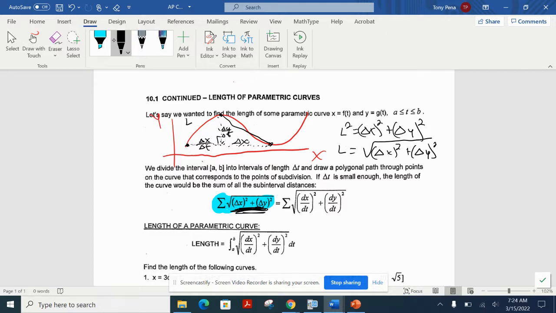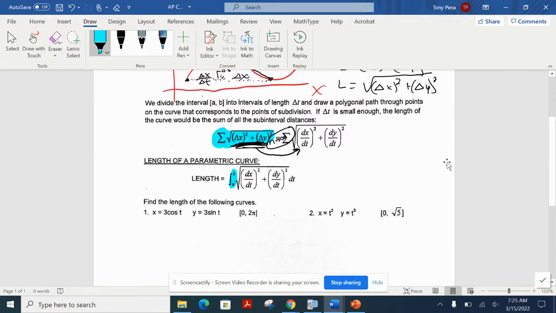That's why this, which is just delta x squared plus delta y squared, becomes delta x over delta t and delta y over delta t. As we find more and more of these, as n goes to infinity, these deltas become a little dx, as well as when we do the limit of a Riemann sum, that is what the definite integral is calculating for us, okay?